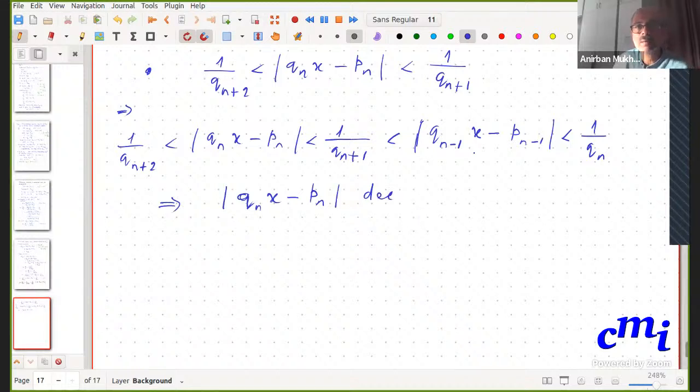As you can see from here, the same expression for n minus 1 is strictly larger than this. It decreases strictly with n.